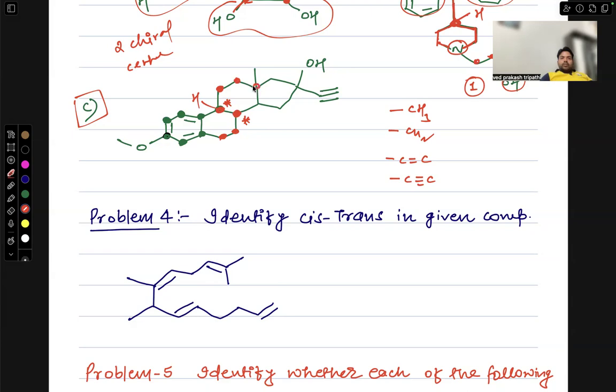Okay, what about this? Yes, very good. What about this? Perfect. And this? This one? This one? Yes. So how many? 1, 2, 3, 4, 5. So we have 5 chiral centers.